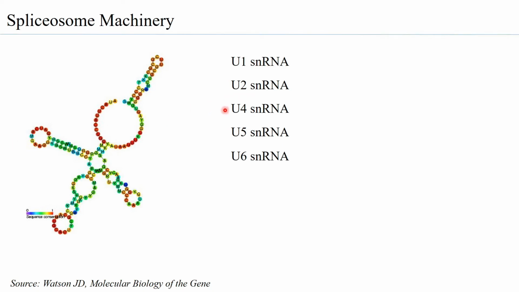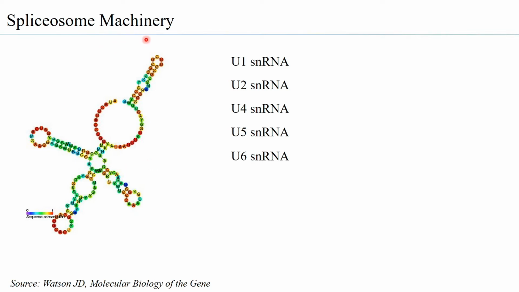Likewise, U2 snRNA, U4, U5 and the U6 snRNA, which are part of the spliceosome machinery, all have such typical secondary structures present. And the secondary structure of the RNA is essentially the one that is responsible for splicing. So the RNA molecule plays a very important role in splicing.